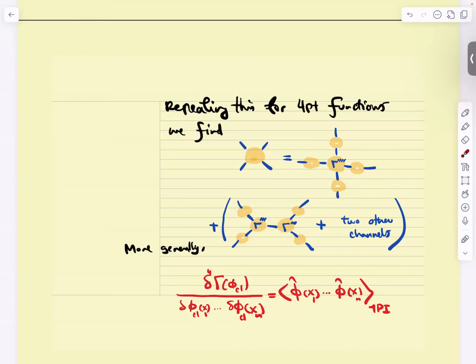Good. Now, of course, this is a function of h bar. So expand in h bar to the 0 order in h bar. That's a classical answer. What do you expect this guy to be to 0th order in h bar? Tree level. So what should it be?